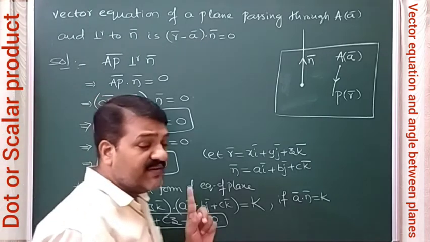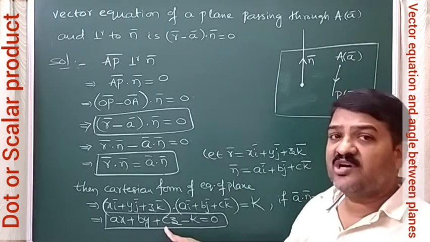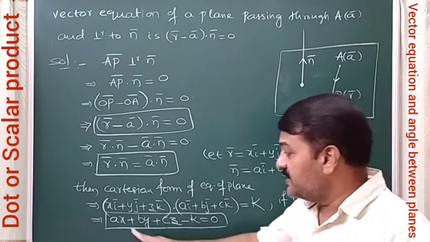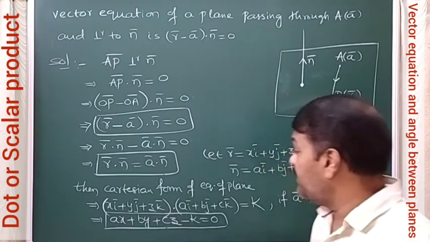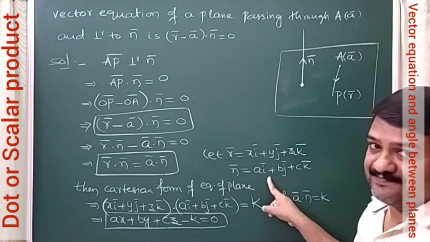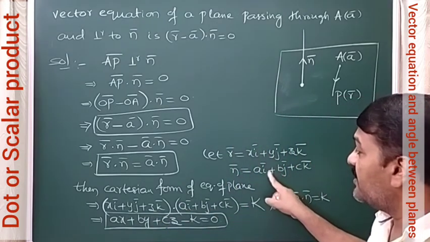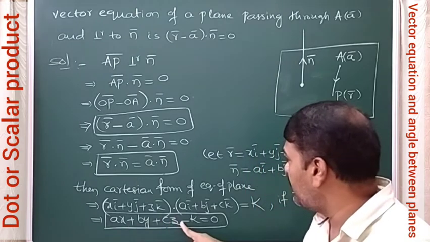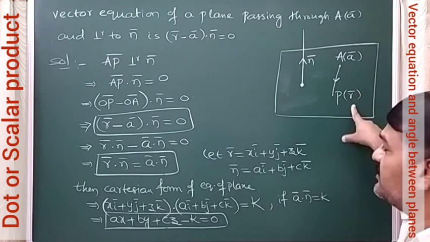So whenever you are given a Cartesian form, that is coordinate geometry model of equation of plane, remember this a, b, c are components of the normal or perpendicular to the plane. A, B, C correspond to the normal components. X, Y, Z correspond to any point on the plane. R bar is any point on the plane.